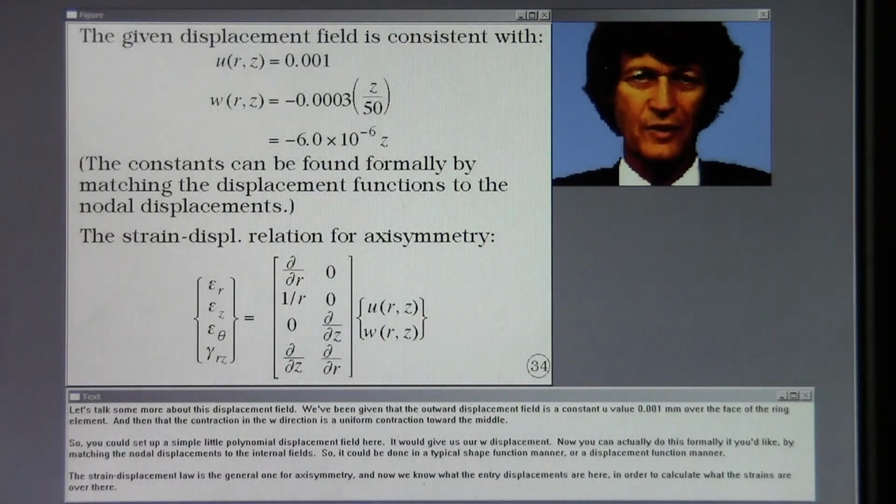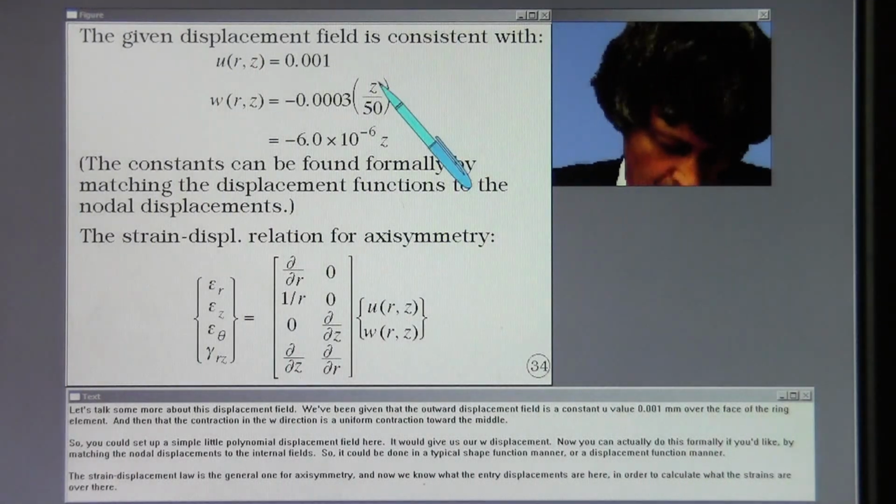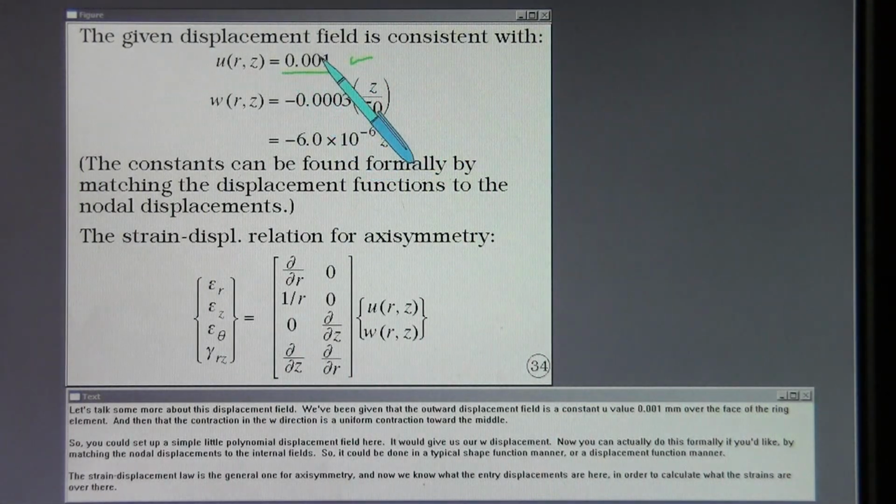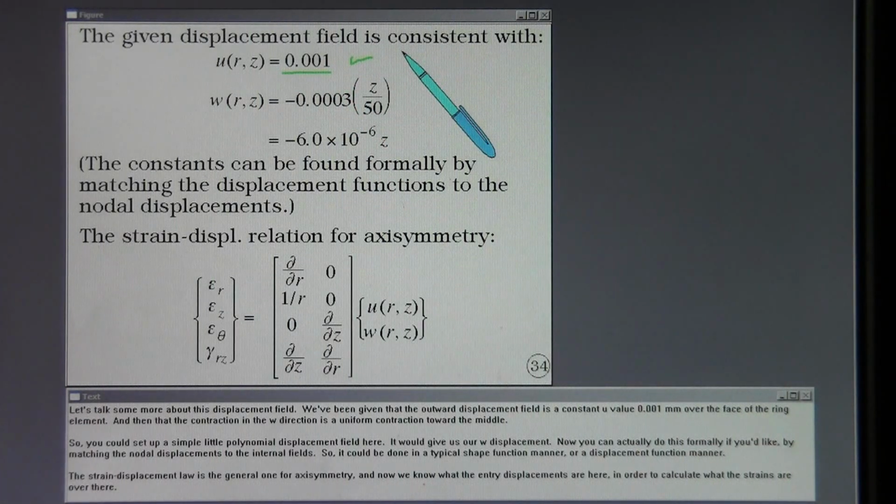Let's talk some more about this displacement field. We've been given that the outward displacement field is a constant U value, 0.001 millimeters over the face of the ring element. And then that the contraction in the W direction is a uniform contraction toward the middle.